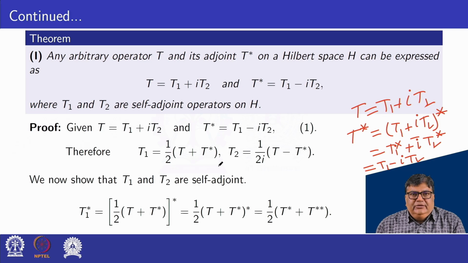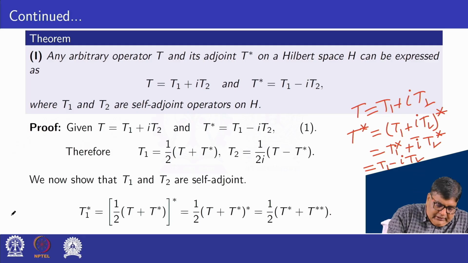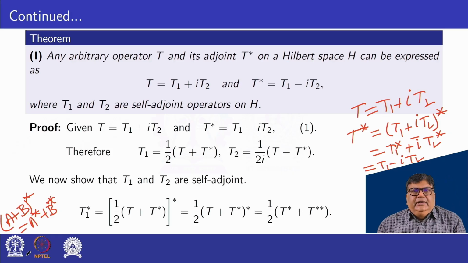Here T1 is equal to this one. Taking the adjoint of this operator, T1 star is equal to star of half (T plus T star). So this can be written as 1 upon 2 into star of (T plus T star). We know that (A plus B) star is equal to A star plus B star by the property of adjoint operator.